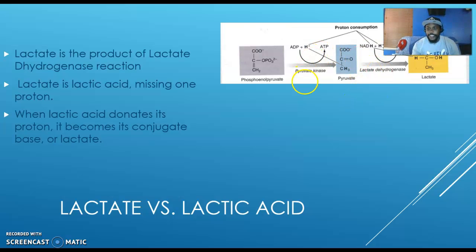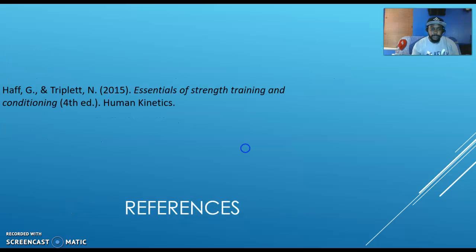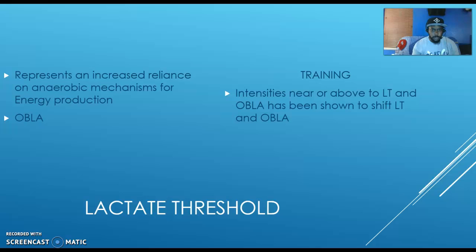Sorry, I'm not a chemist. As you see, this breaks it down: wherever the hydrogen ion is dictates whether it's lactate or lactic acid. When lactic acid donates its proton, it becomes a conjugate base, lactate. So it's almost like a square and a rectangle. There you go, switch slides.